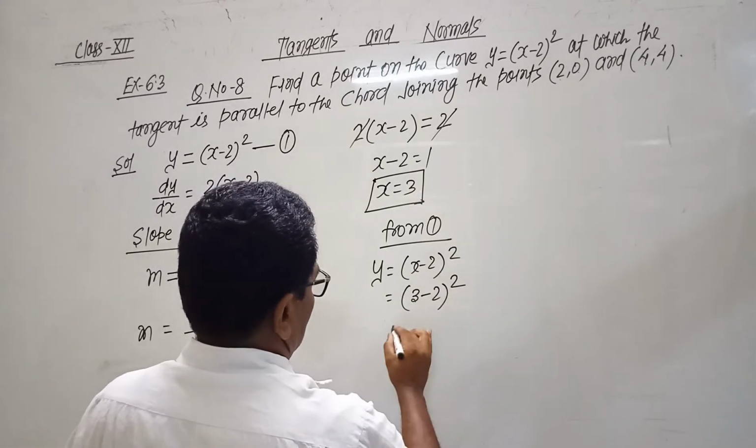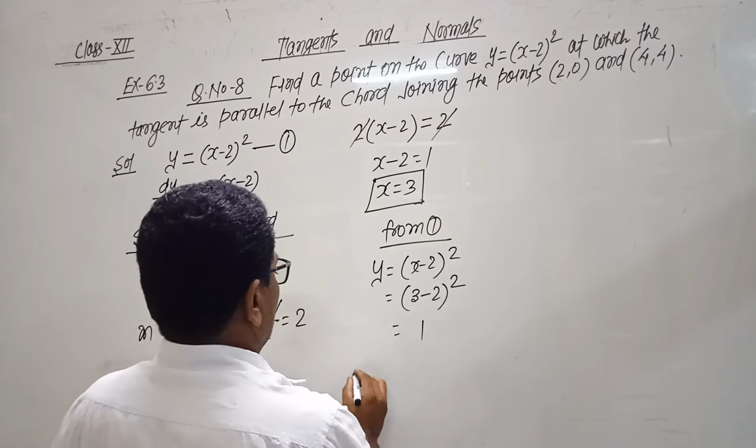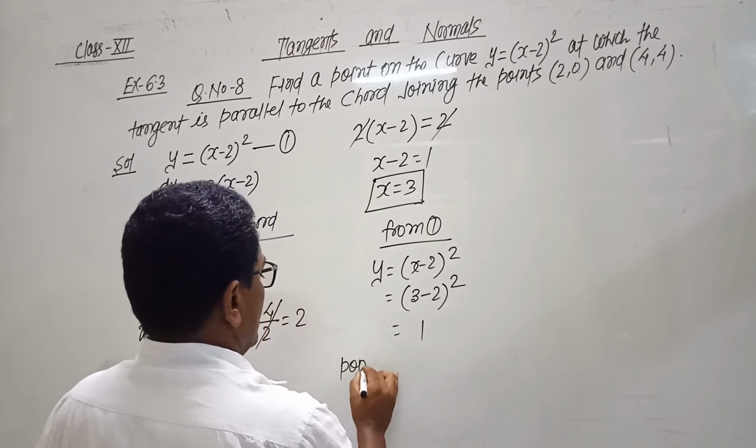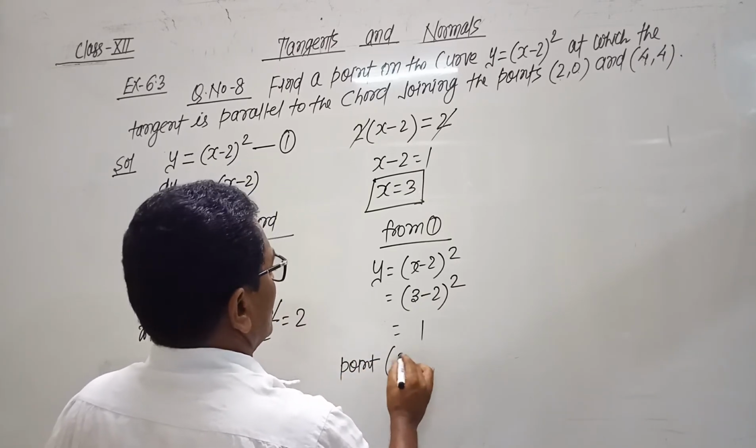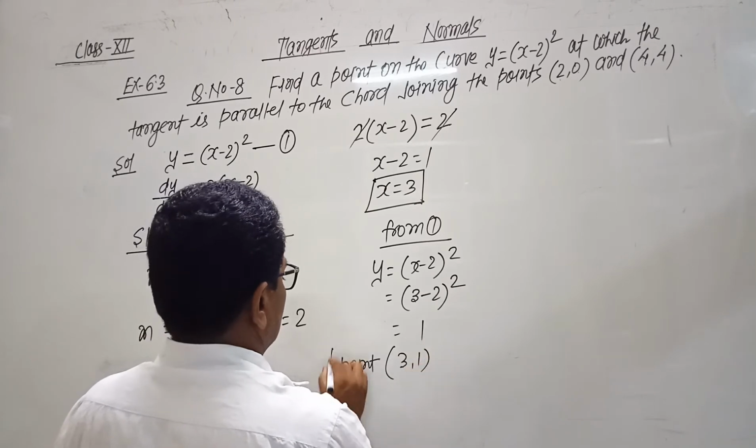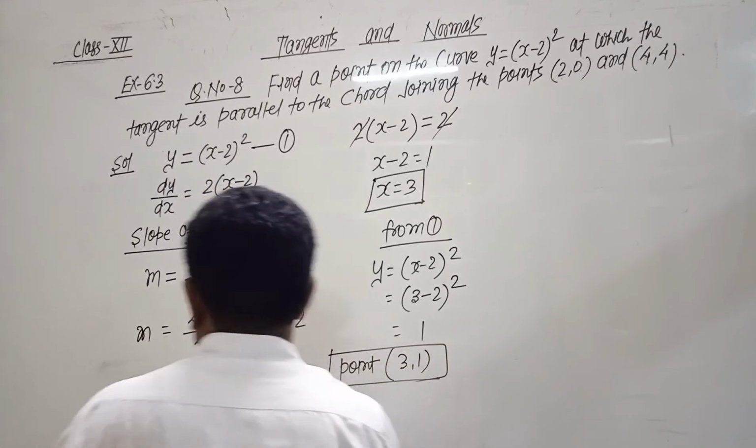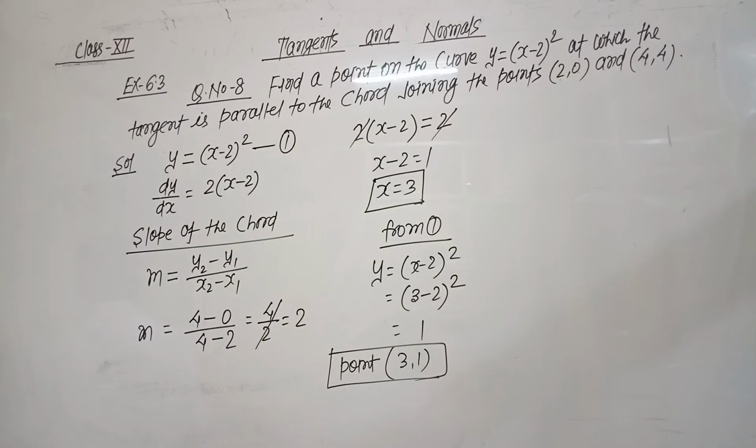So (3 minus 2) squared means 1. So the point on the curve is (3, 1). This is the answer: (3, 1) is the point on the curve at which the tangent is parallel to the chord.